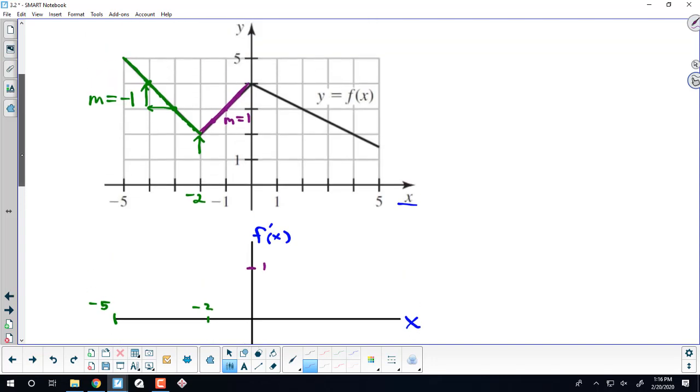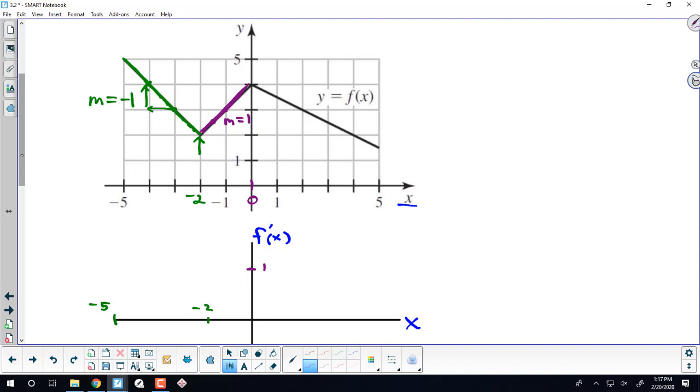And the x values we're looking for are from -2 to 0, so we're just going to draw this line from -2 to 0. Again, are the slopes defined at -2? Are they defined at 0? No, so we're going to indicate that here and here. But in between, the output of the derivative is always 1. Any questions?